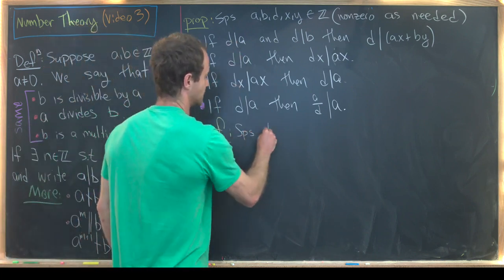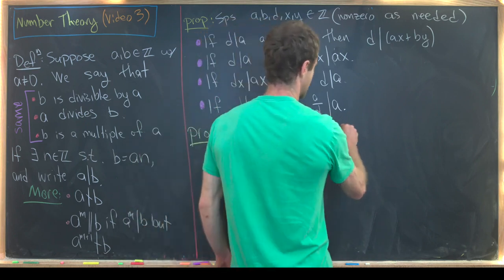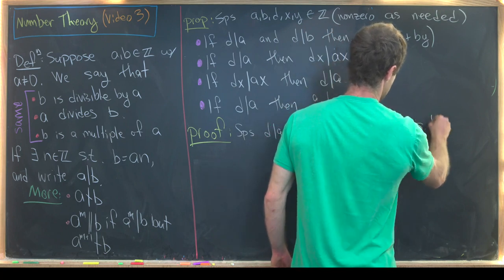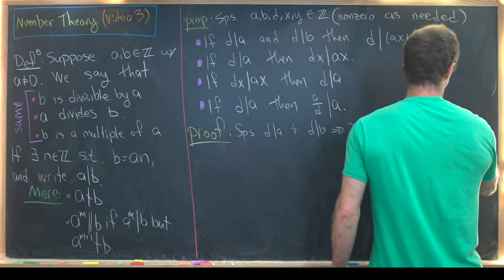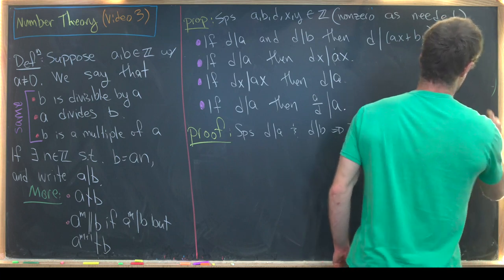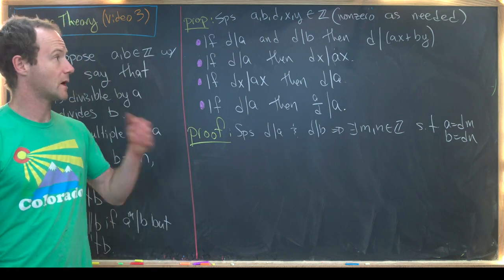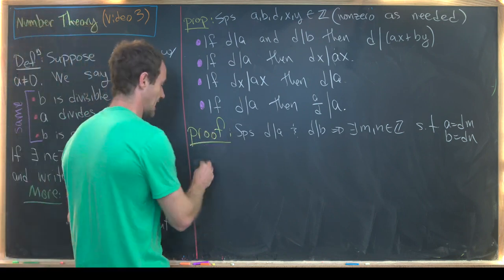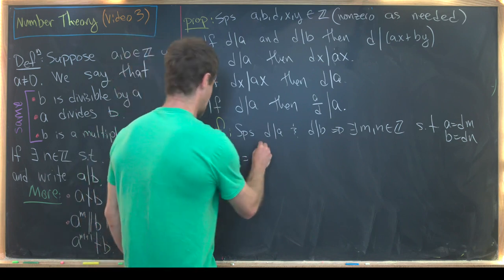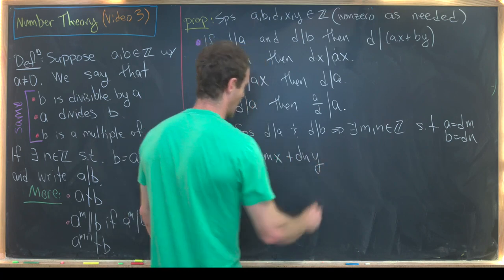So let's suppose D divides A and D divides B. So that tells us that there exist integers m and n such that A equals dm and B equals dn. So that's the definition of divisibility. Okay, but now let's calculate AX plus BY, and notice that is dmx plus dny.